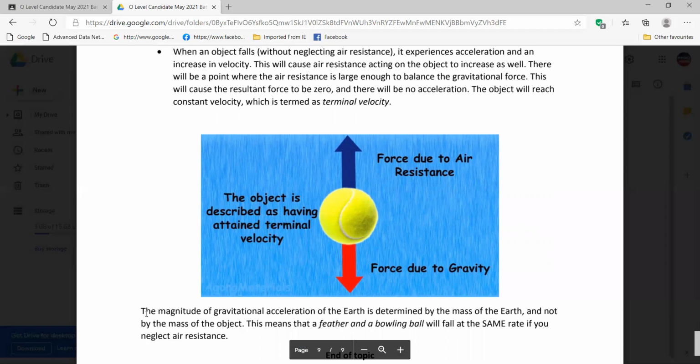Yes, sir. And once it happens that the weight of the object and the air resistance become equal, at that time the object is no more accelerating, it's moving with constant velocity. Okay, that velocity is termed as terminal velocity.